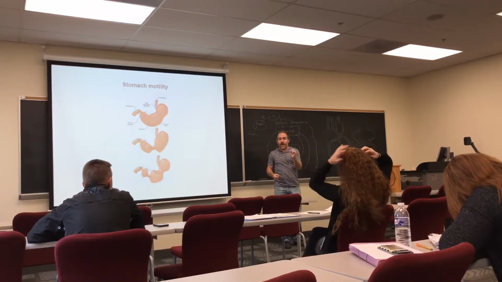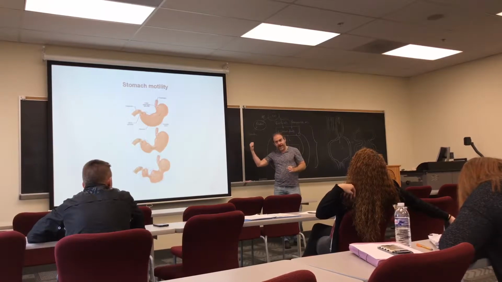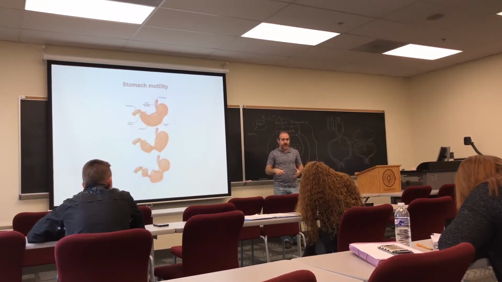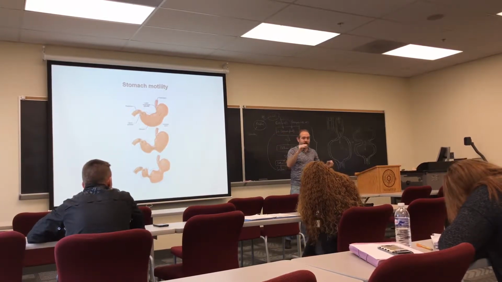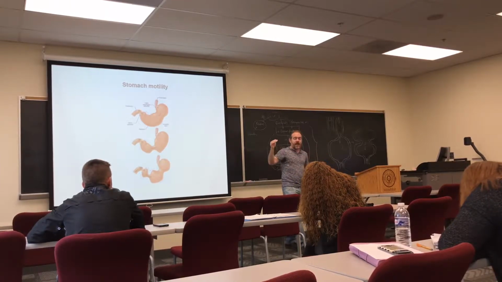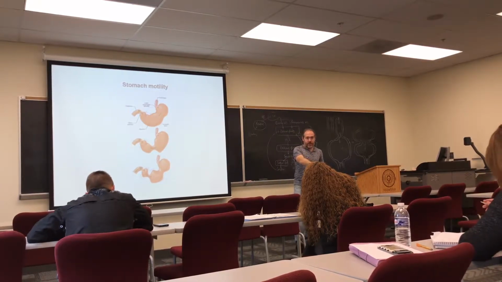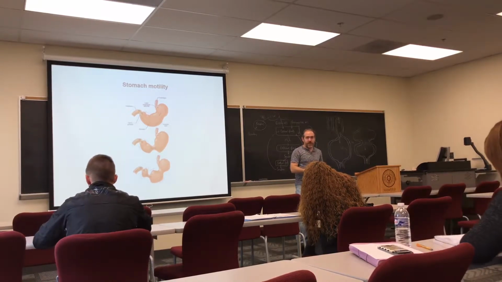If they're not small enough yet to go through the pyloric sphincter, they're going to be bounced back again, and so on, until they are completely digested. And then when pretty much all the food items are broken down into their components, into glucose, amino acids, etc., everything can go through the pyloric sphincter and ends up in the small intestine. But now you're going to have things that are ready to be absorbed. Okay?